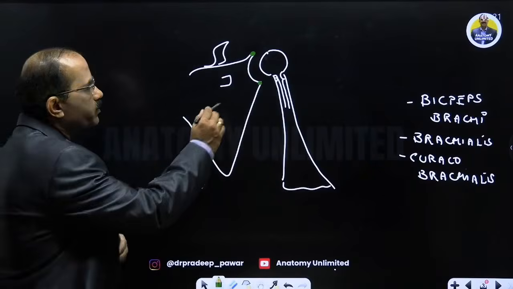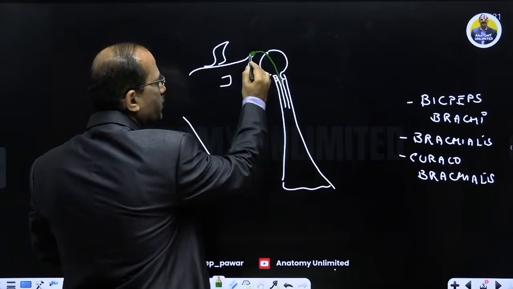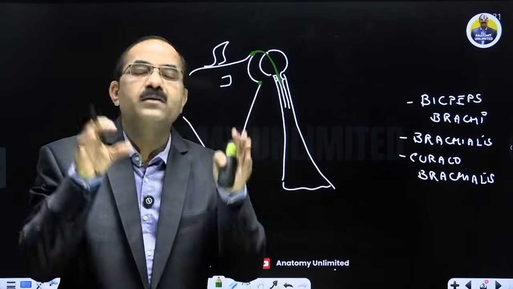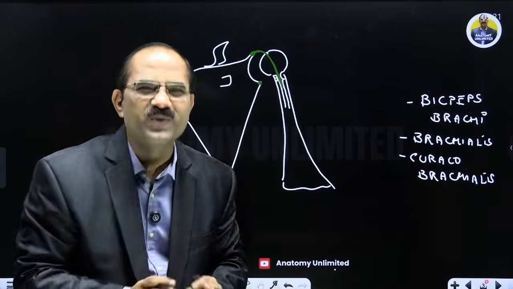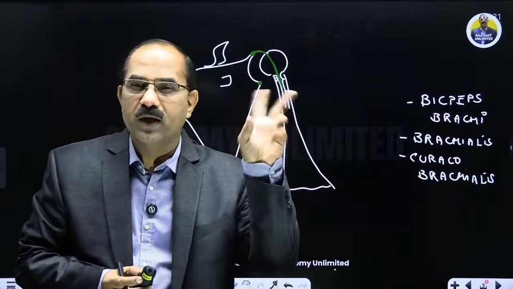Okay, so the long head of biceps begins from the supraglenoid tubercle. This is intracapsular in origin. Intracapsular मतलब it is inside the capsule of the shoulder joint, right? वैसे intracapsular muscles are two, दो होते हैं बॉडी में.